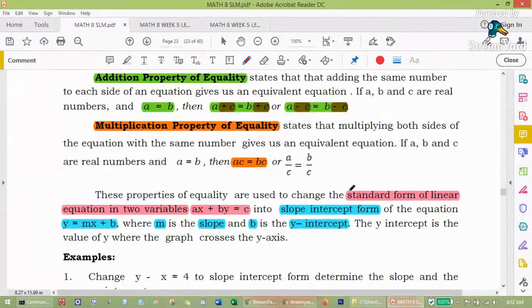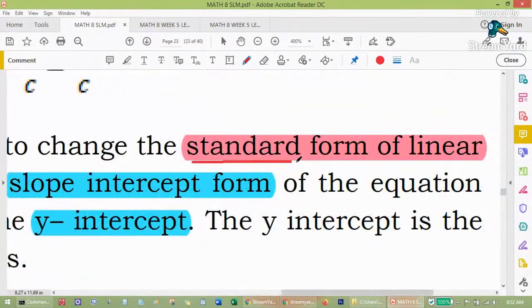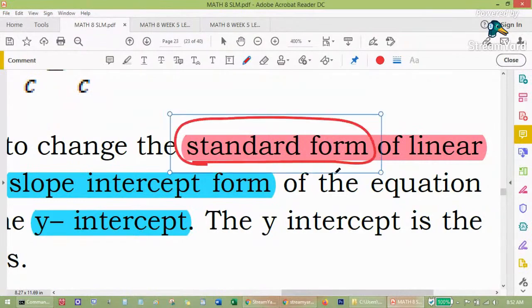And then meron sinasabi ditong the standard form of linear equation in two variables. Standard form. Linear equation.